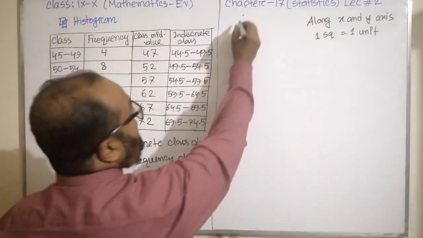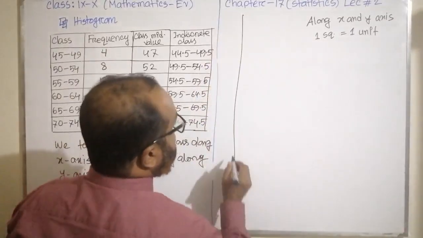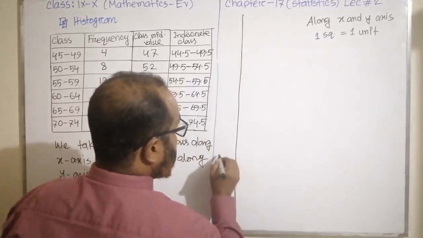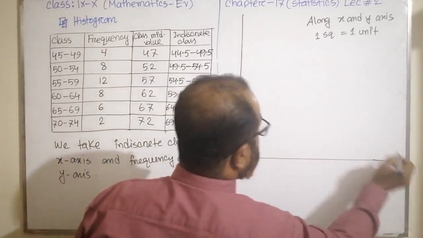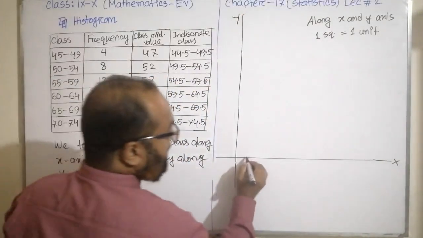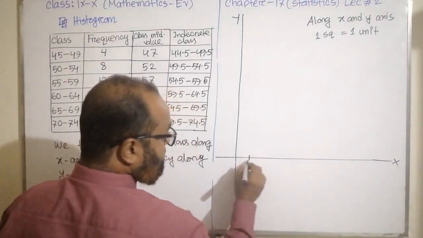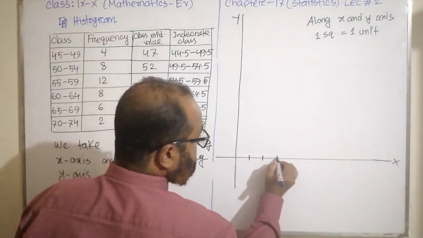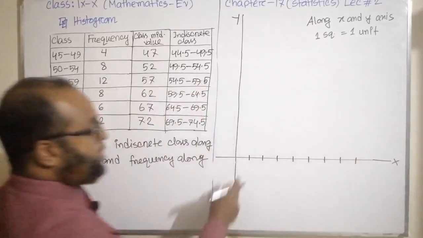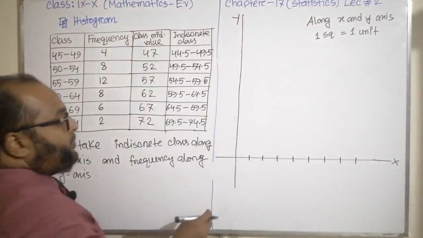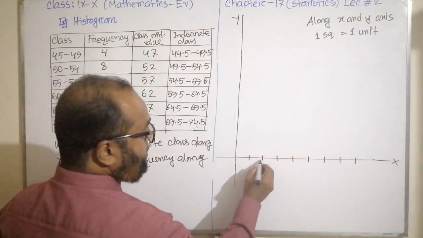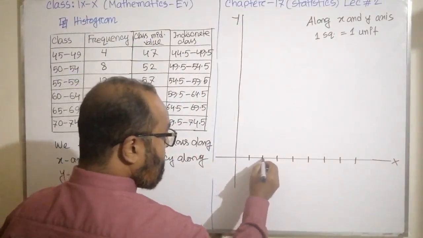Okay students, now consider this is your graph paper. This is the x-axis and this is the y-axis, and here this is 5 squares, this is another 5, and so on. We start from 44.5. Let us start from the 10th square.